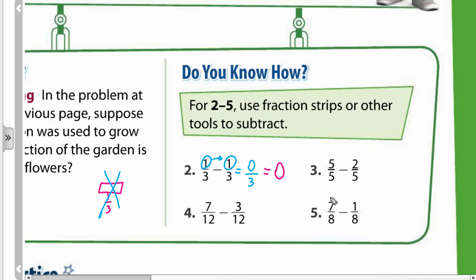Now this 0 is like an egg. I will erase it and I will write it again. So 0/3 means 0.